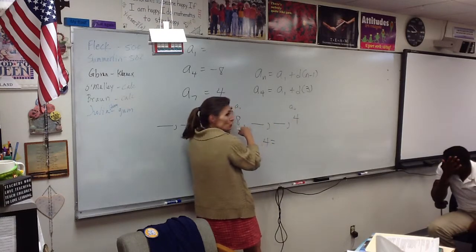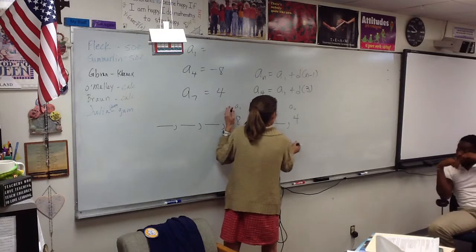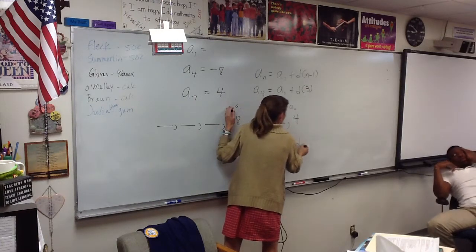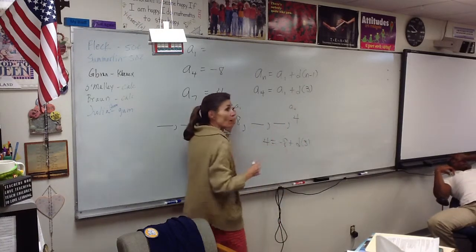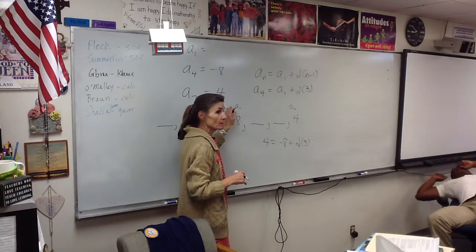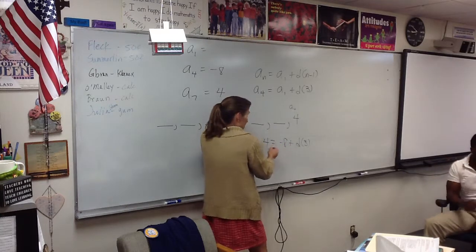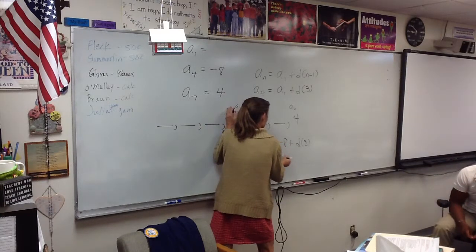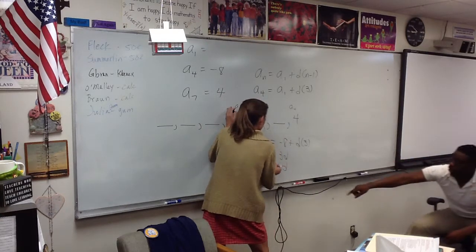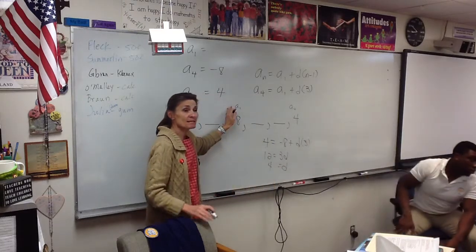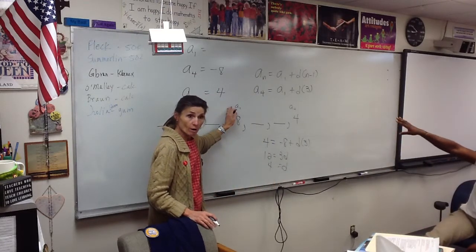What's the first term? Now, I don't know D. Jack has figured it out, but we're trying to show how we could get it mathematically. So now if I add 8, I get 12. And just as Jack predicted, the common difference is 4.